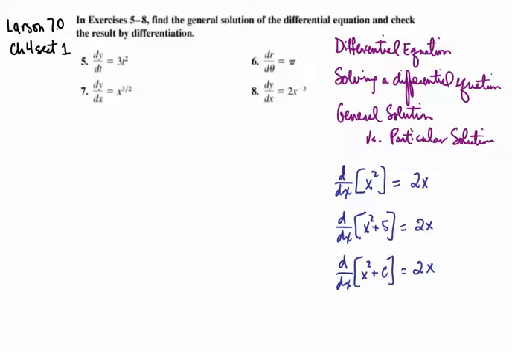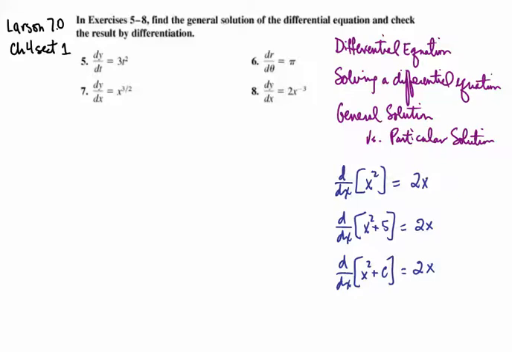And remember, the constant just changes the function by shifting it up or down. It's a vertical translation. So we'll know the function family, but we won't know the specific function. And that's what we mean by finding the general solution. So we know that the antiderivative of 2x is x squared. But we don't know whether the original function was x squared or x squared plus 5 or x squared plus some other constant.